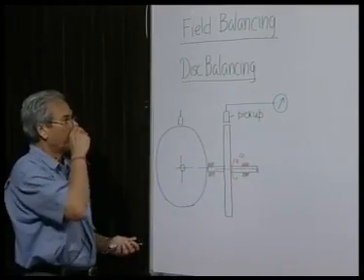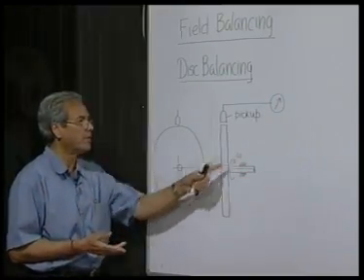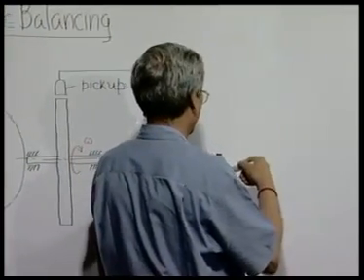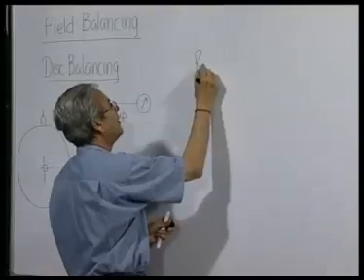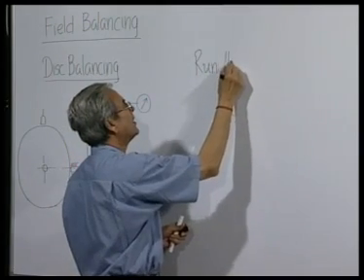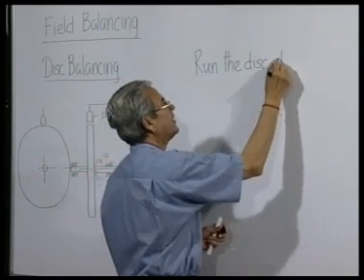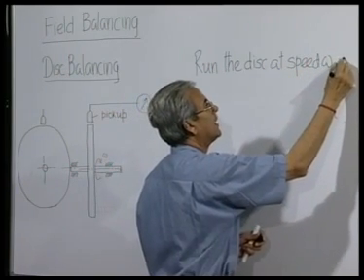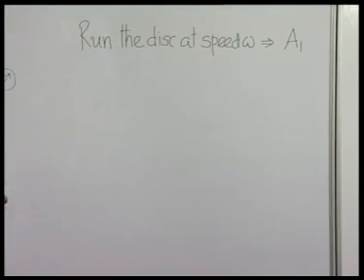What do we do now? We take the disc, rotate at a suitable RPM or suitable speed omega, and measure the vibration amplitude, we call it A1. So, run the disc at speed omega, that gives vibration A1, magnitude, amplitude only, we cannot have any phase or anything like that now. Then what we do?